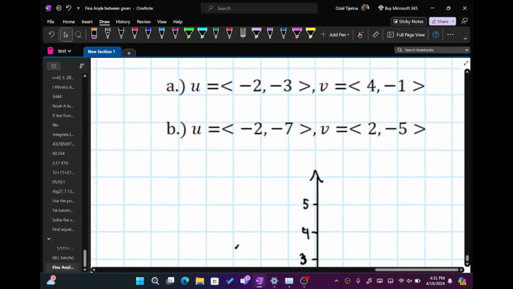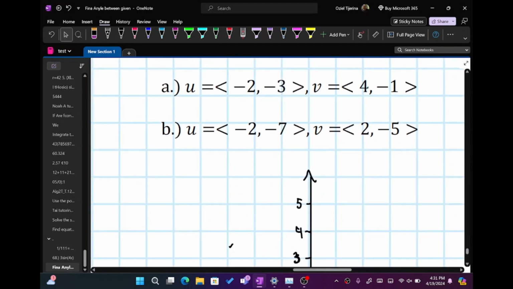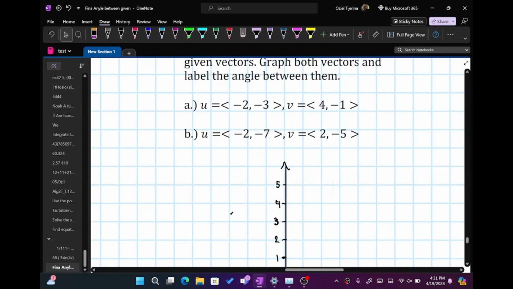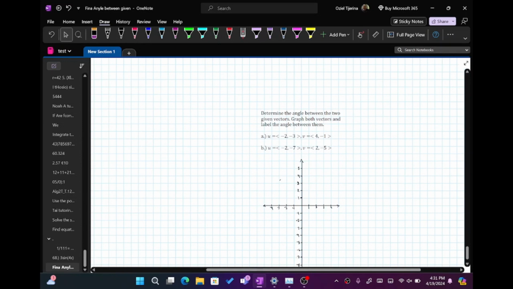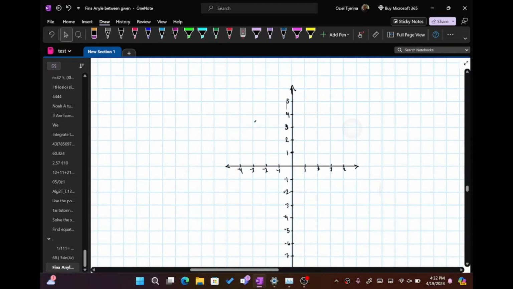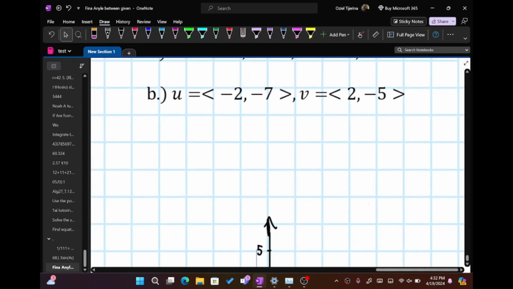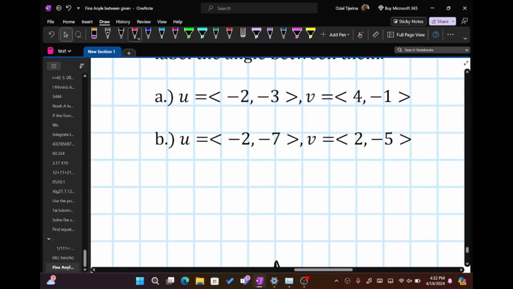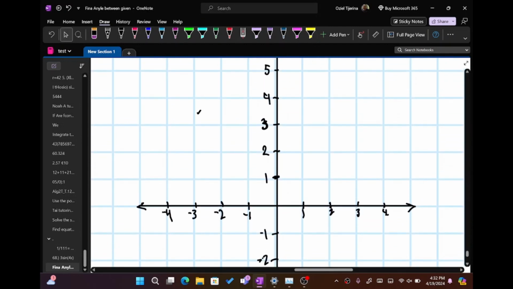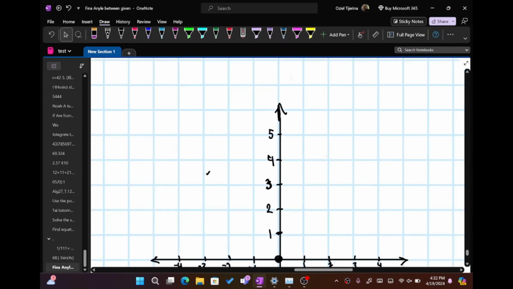So the first question, and we're going to work on part A here. Let me move this lower. Okay, sorry about that, guys. So let's look at part A. We're given the vector u equals -2, -3. I'm going to start at the origin, guys. You always start at the origin when you're drawing a vector.